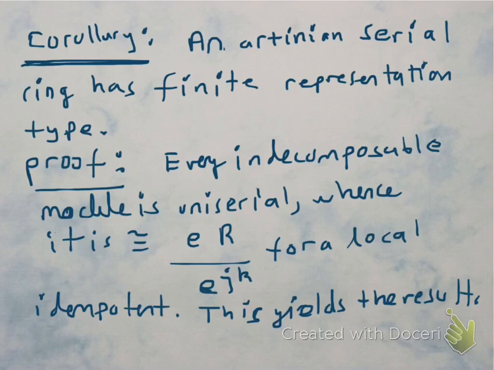An Artinian serial ring has finite representation type, because every indecomposable module over this ring is uniserial, and this means it's isomorphic to a factor of one of the principal indecomposables, which comes in this form.